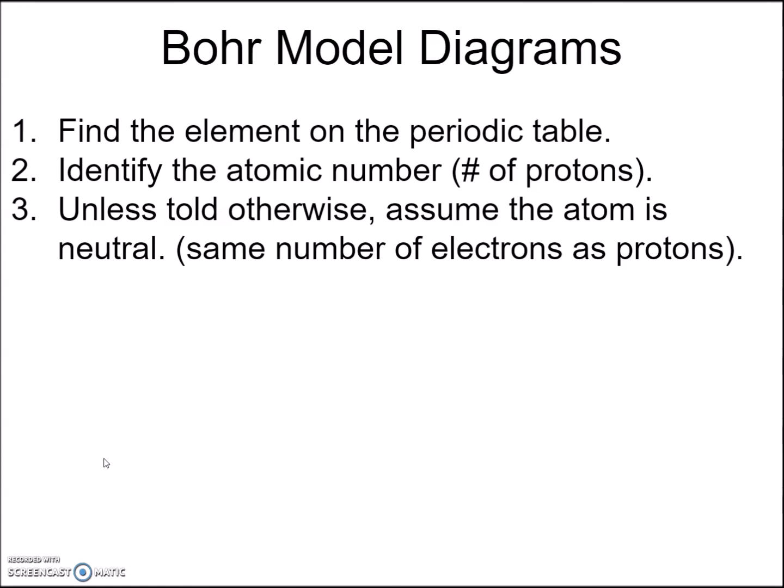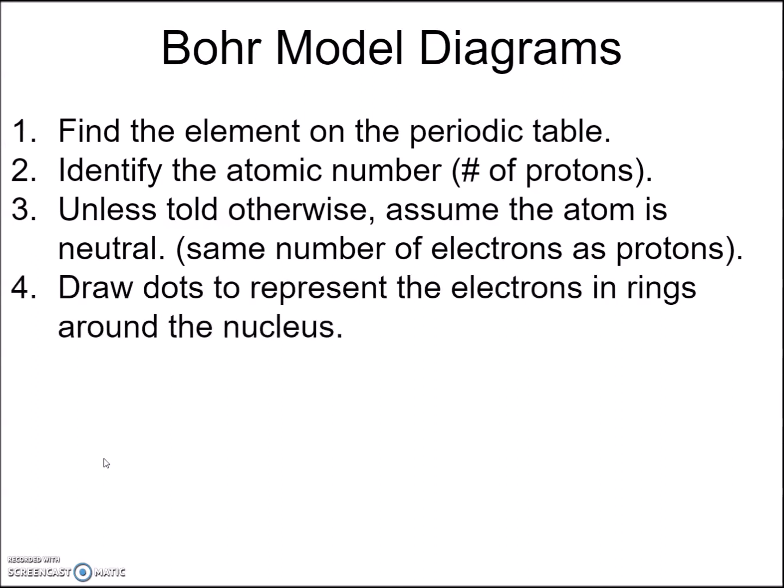If we're talking about phosphorus, phosphorus has an atomic number of 15. And unless I'm told otherwise, I'm going to assume that it's neutral phosphorus. So it would also have 15 electrons, same number as the number of protons. Then we'll draw dots around the nucleus, and those dots will represent the electrons.